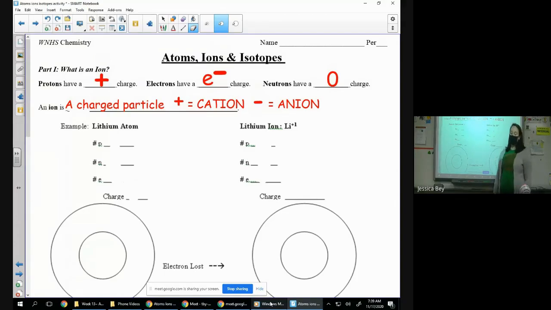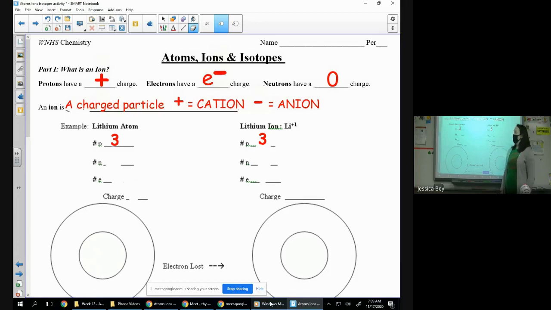You do need your periodic table for this. Find lithium, Li. How many protons are in lithium? 3. That is never going to change. I don't care if you're an ion, an isotope, whatever. If you are lithium, you will always have 3.